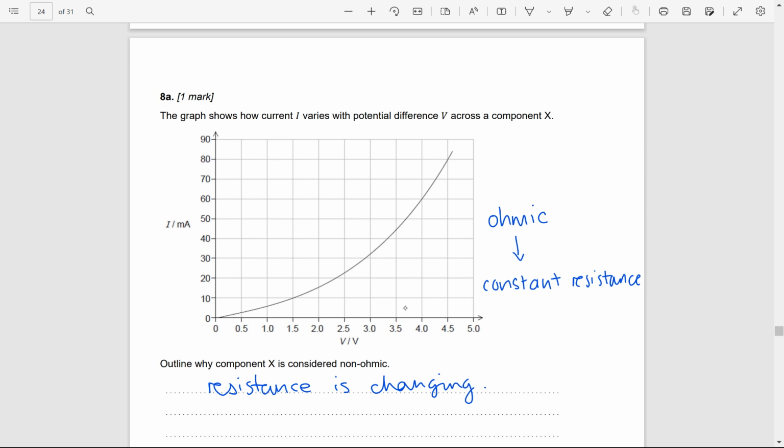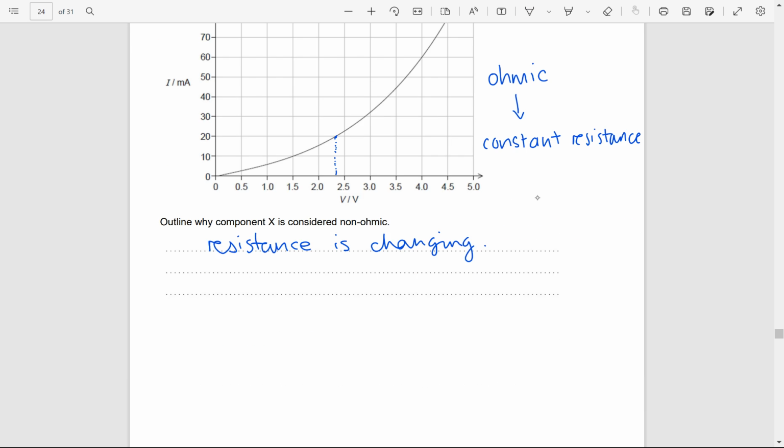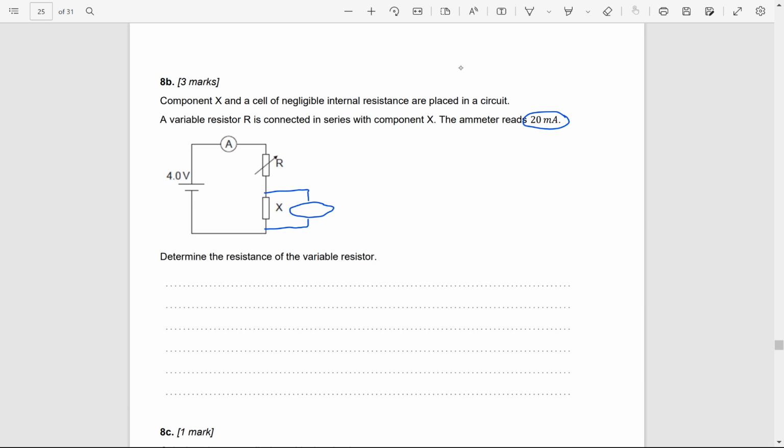If I go up here and have a look where it reads 20 milliamps, we're about here. And if I dot down, it's over halfway. It's probably about 2.3.